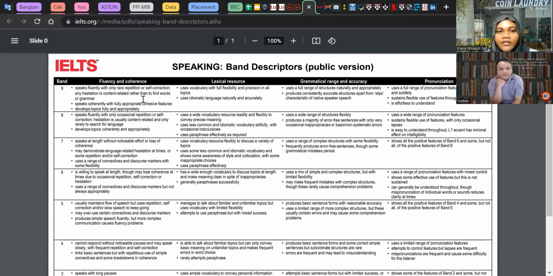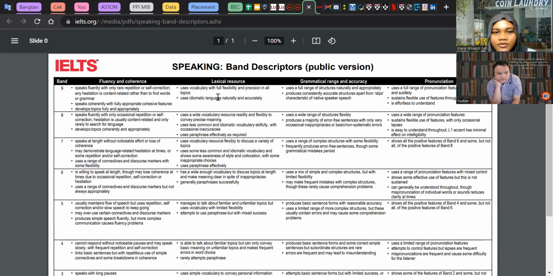The first one is fluency and coherence. It's basically how fluent you are with your speaking abilities, and how you can connect each sentence to the next without much gap of pause, and without stuttering that much during your speaking session.